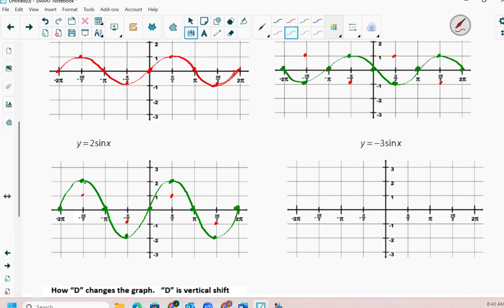Everybody okay with the 2 sine of x? Okay, try the negative 3 sine of x.